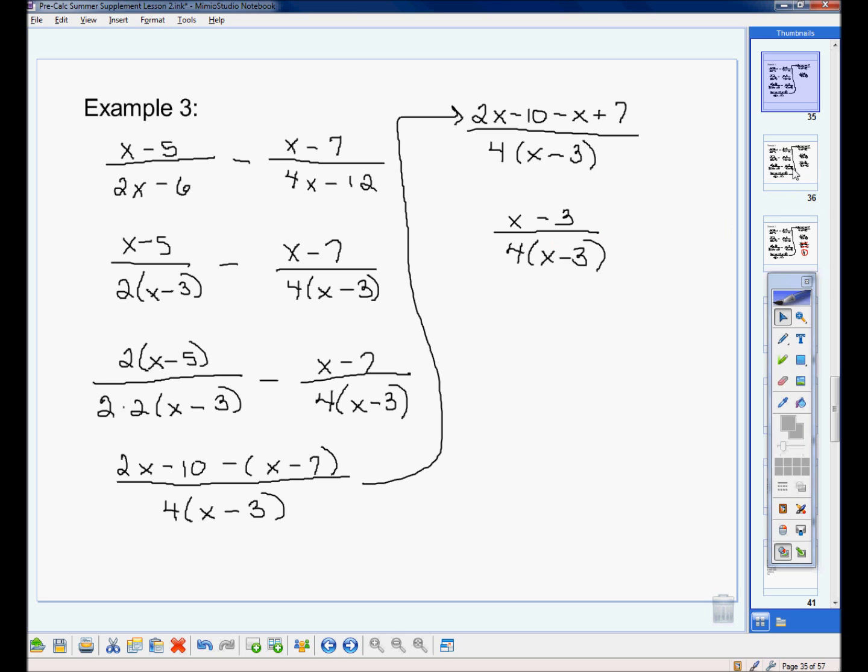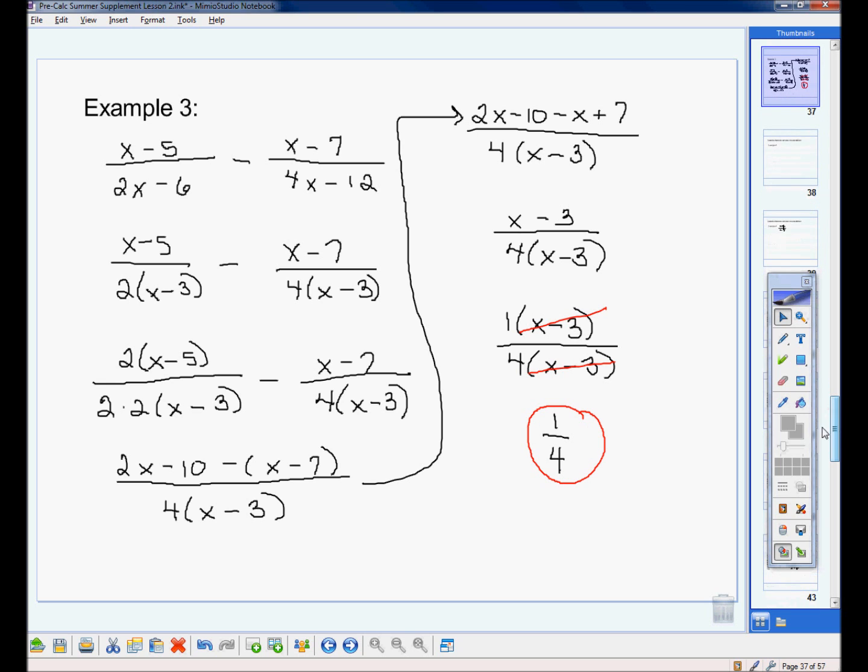Remember, 1 is a factor of anything. So this numerator is really 1 times x minus 3. Once you recognize that, once again, we can cancel the x minus 3 and the x minus 3, and it leaves you with 1/4. And that is your final answer to this problem.